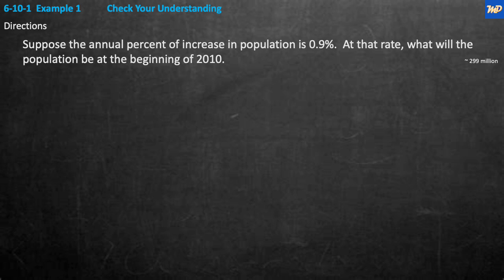You've got to go through all the numbers. Start off at 273.5 and multiply this time by a new number. What's the new number? I'll highlight it here, but remember, this is a percentage. You've got to convert this to a decimal. You're going to start off in 2000, and you're going to find out what the population is at the beginning of 2010, just like we did in the previous slide. Okay? Give it a run. I'll wait for you.